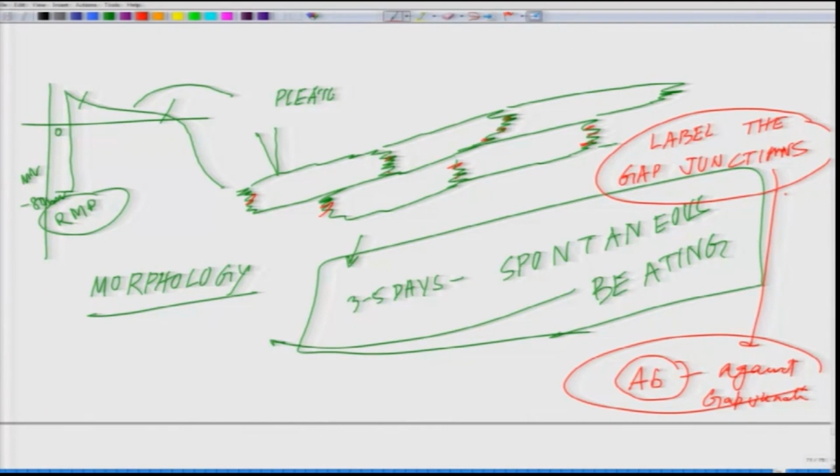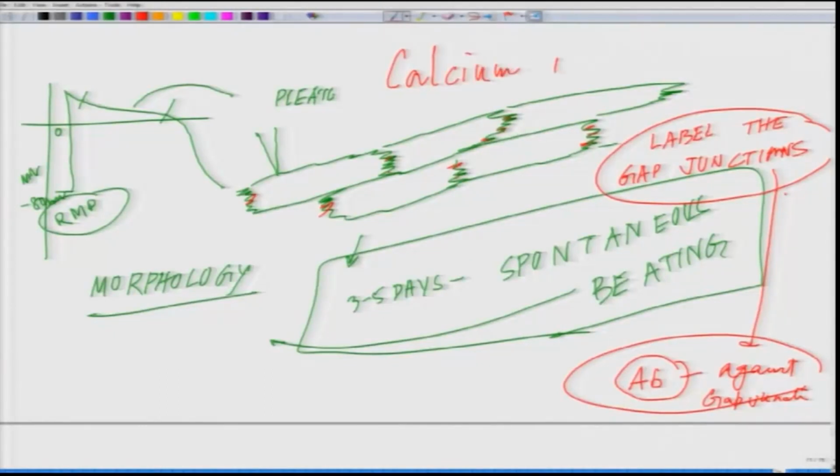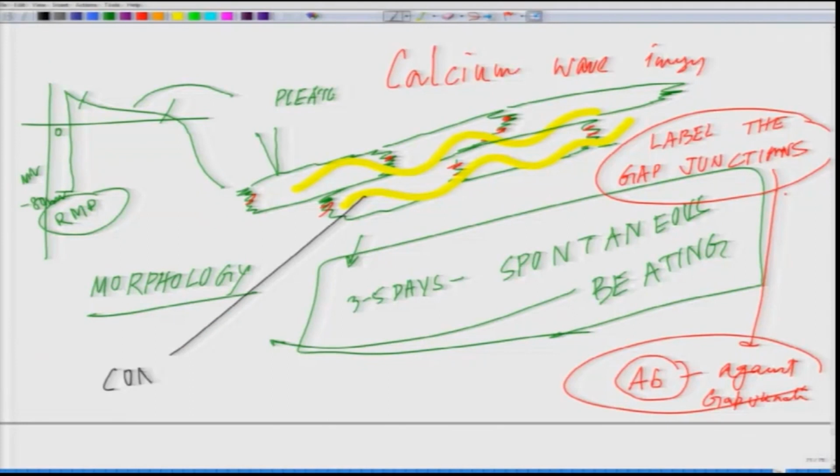Then what you have to do is the most critical part of cardiac myocyte culture, the calcium wave imaging, because what happens in these cells is there is a calcium wave which travels along them, something like this, and this kind of wave can be easily measured using confocal microscopy.